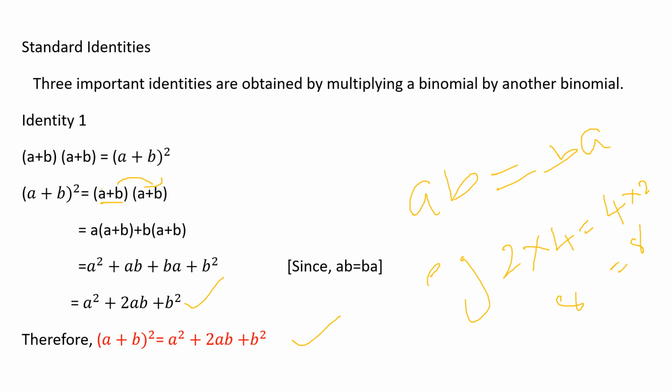So we can write a square plus ab plus ba, and both are the same, so ba is equal to ab. So ab plus ab means 2ab, plus b square. You have to keep this in mind because we will apply it in the problems. So (a plus b) the whole square is equal to a square plus 2ab plus b square.